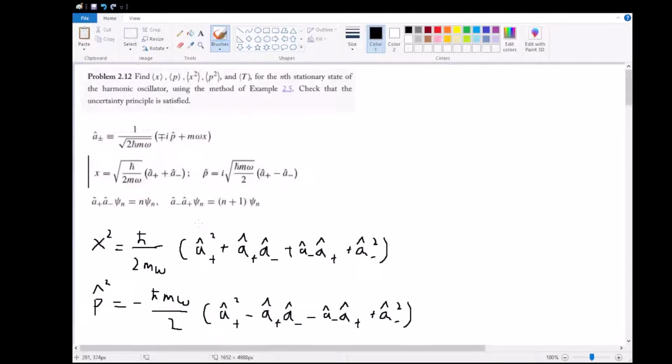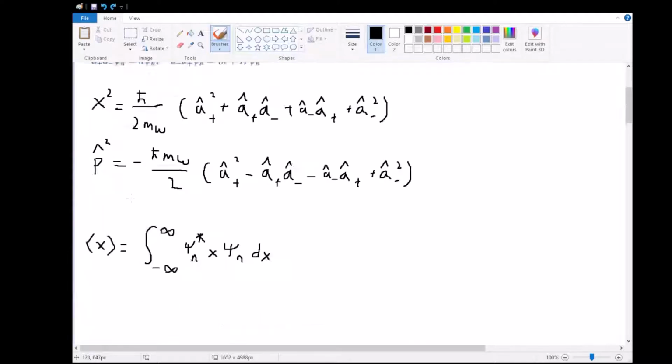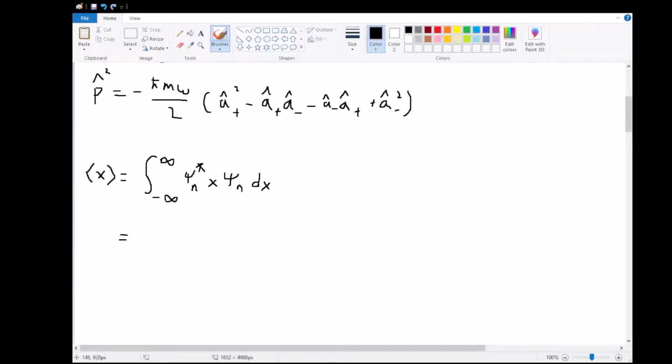If we want to express x in terms of this operator, then we write it as the square root of h bar over 2m omega multiplied by the integral from negative infinity to infinity, and the stationary position-based states for the harmonic oscillator are all real, so the complex conjugate is just equal to the real component.